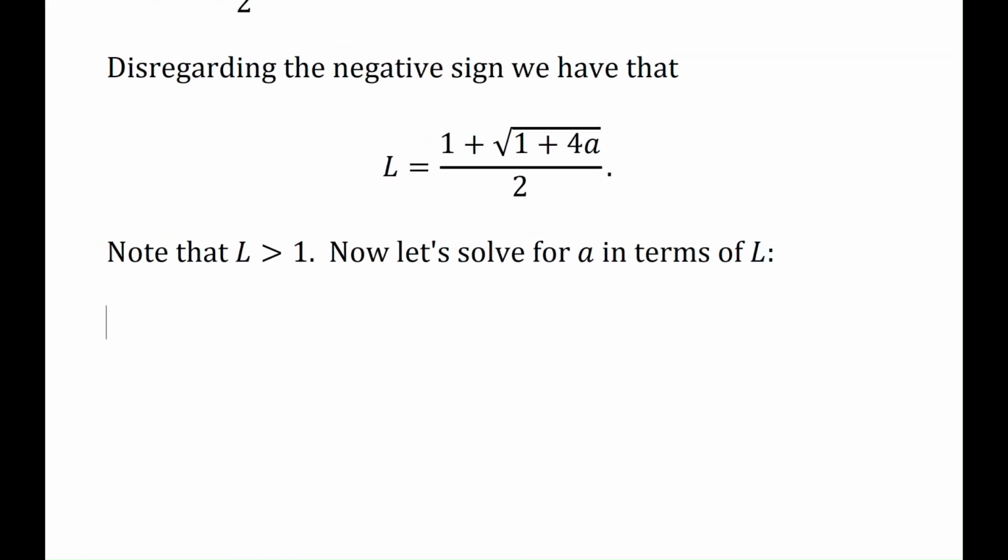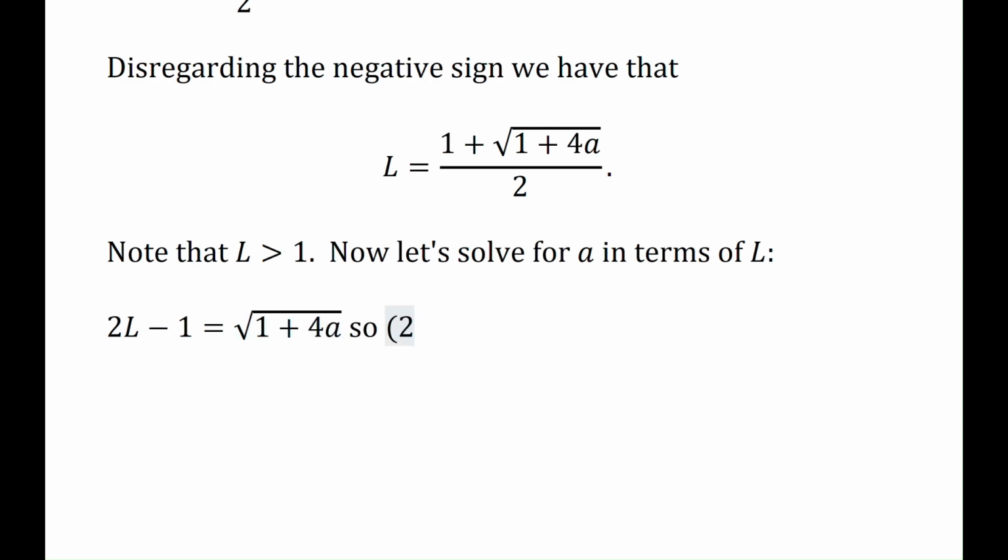So apparently, let's just do some arithmetic here. 2L minus 1 equals the square root of 1 plus 4a.